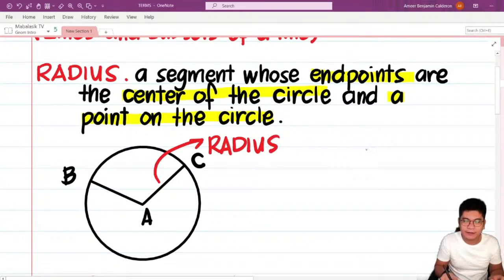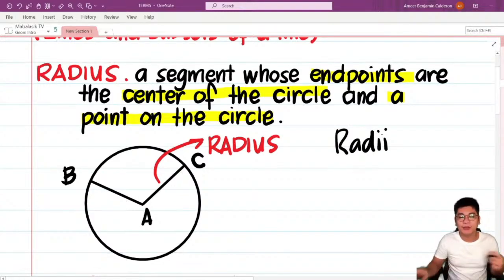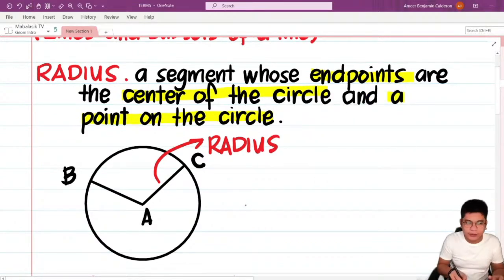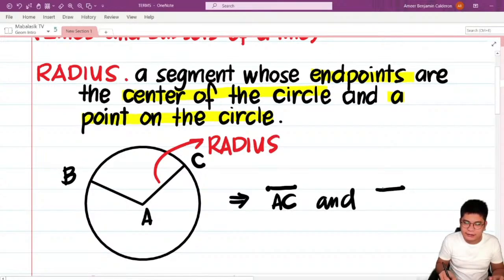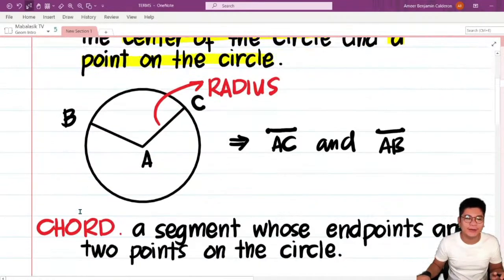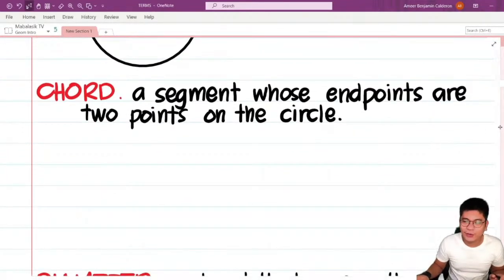Radii. Ito yung spelling, guys. Yan. Plural form ng radius. So, ano yung dalawang radii natin? So, we have segment AC and segment AB. Yan, yung dalawa. AC tsaka AB. That is the radius.